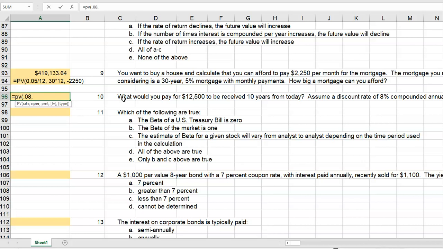Number of periods, 10. Payment, 0. Future value, 12,500. You'll see my number will come out negative. So I probably want to, in this one, put a negative sign in front of the present value just to make it look right.